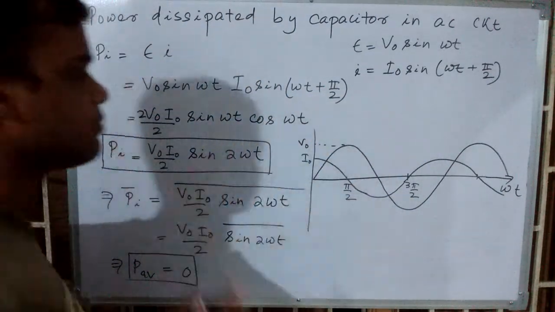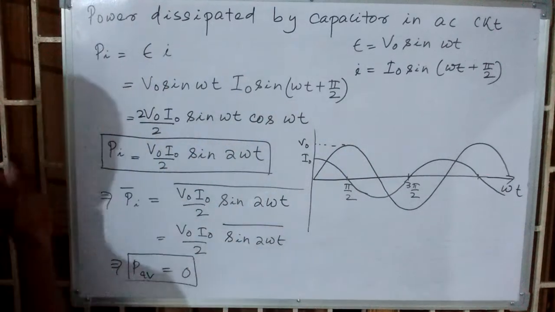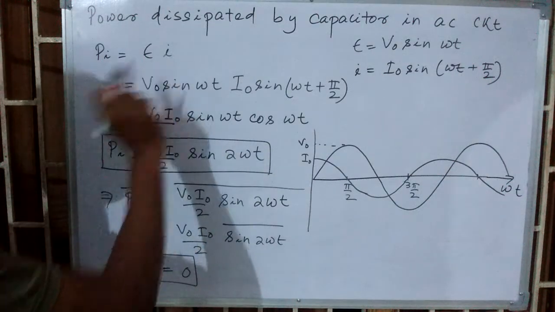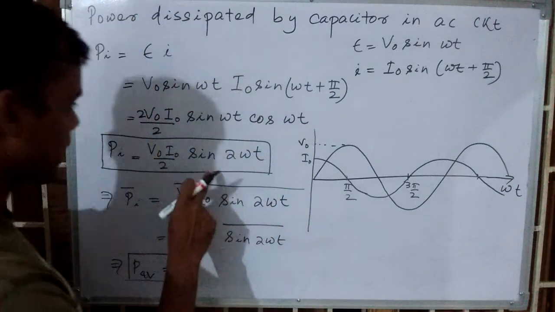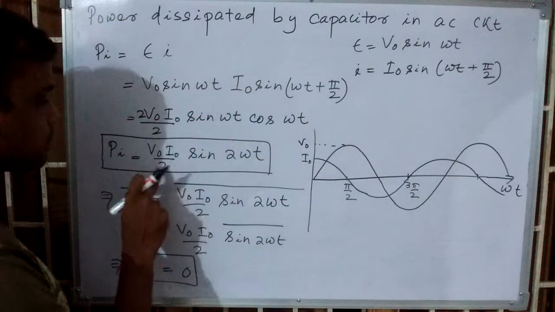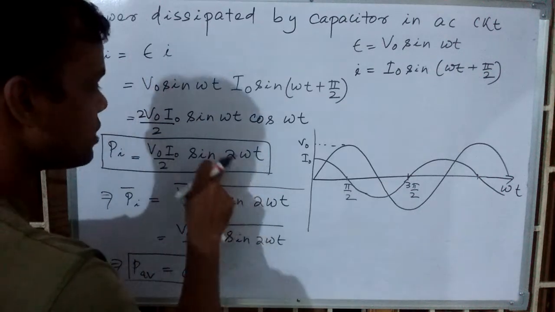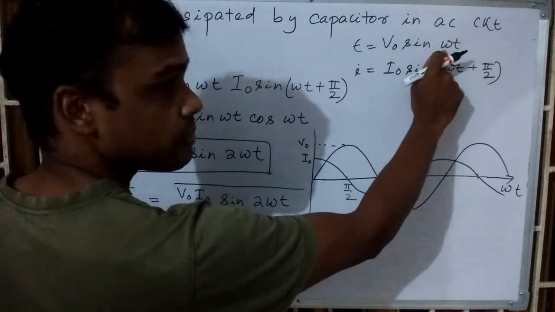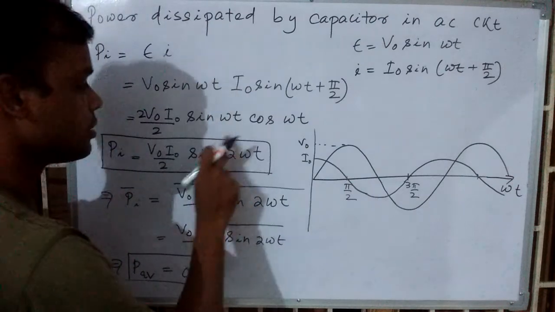Now from this we have to draw the power curve. Power is nothing but voltage into current. So finally, you look here, this is also a sinusoidal wave, but its frequency is 2 omega. Here voltage has frequency omega, current also has frequency omega, but here it is 2 omega.